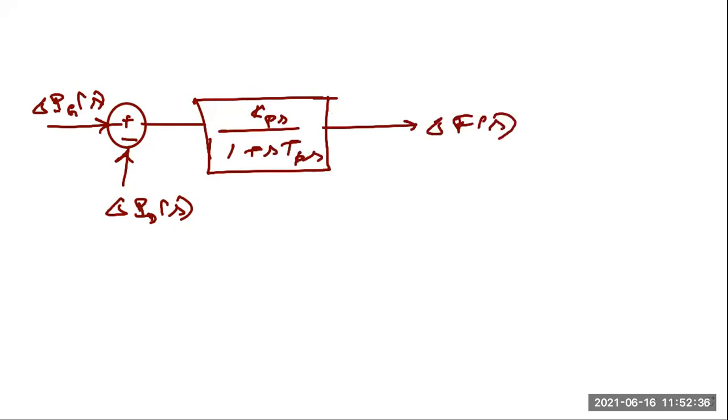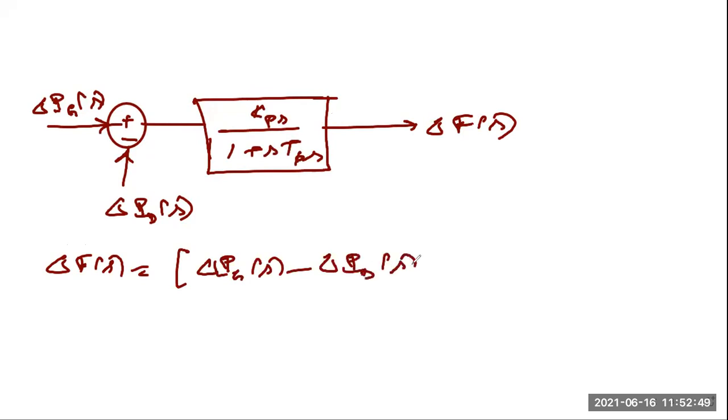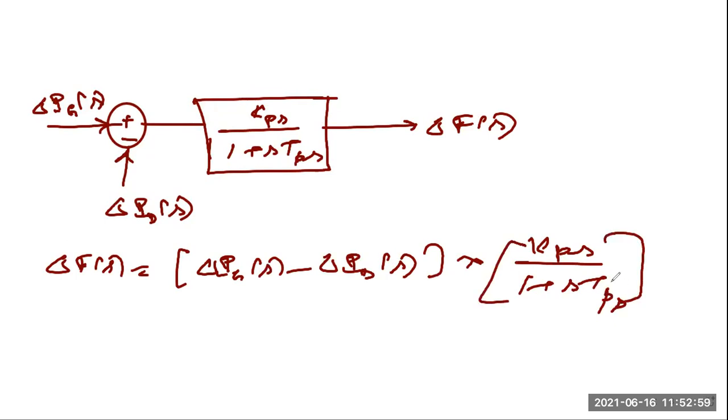Okay, is it clear? So from here we can write delta Fs equals delta Pgs minus delta Pds into Kp by 1 plus S Tp. Okay or not? Any doubt?